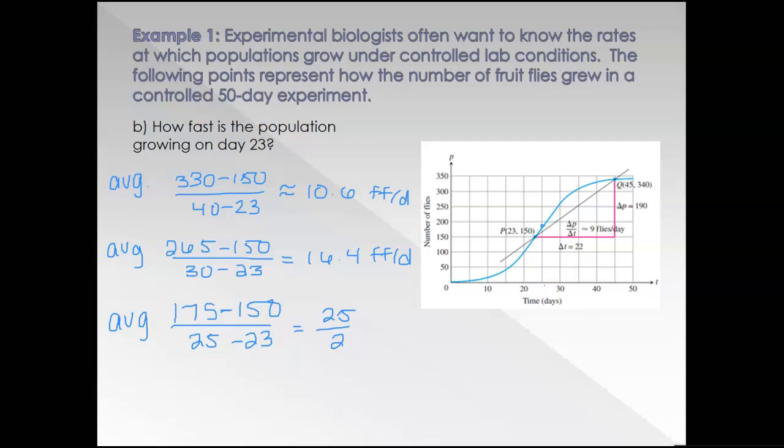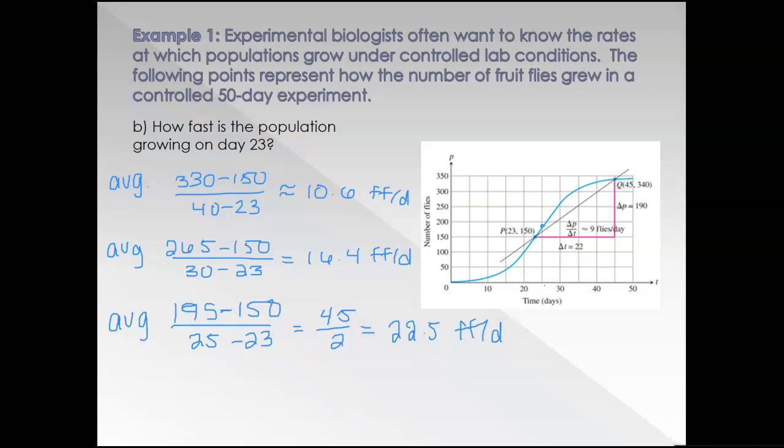Sorry, make that 195. So that gives 22.5 fruit flies per day. That's probably pretty close to accurate. Again, we don't know the equation of the blue line, so we can never find the exact.